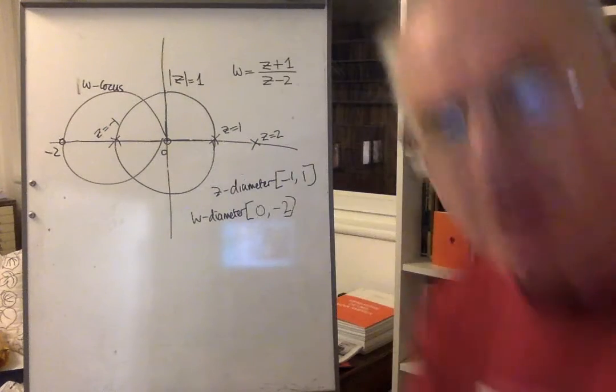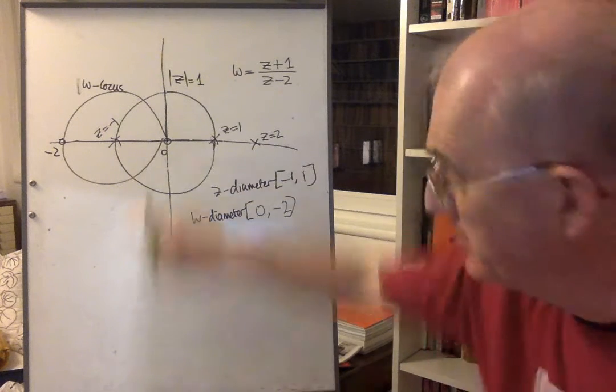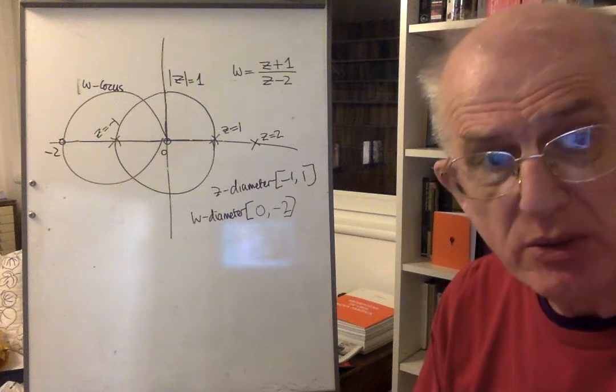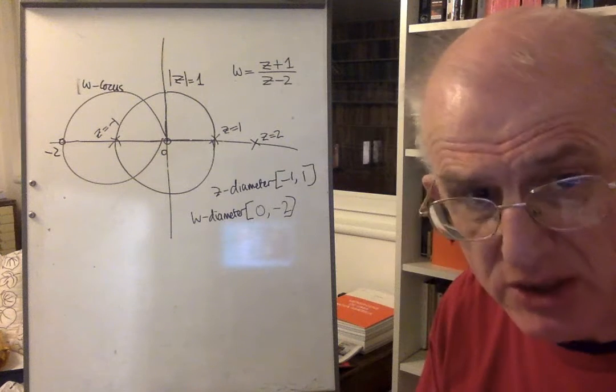That's it. If you want to work out the centre of the w circle, it's just halfway between 0 and minus 2. If you want to work out the radius, it's half the distance between 0 and minus 2.